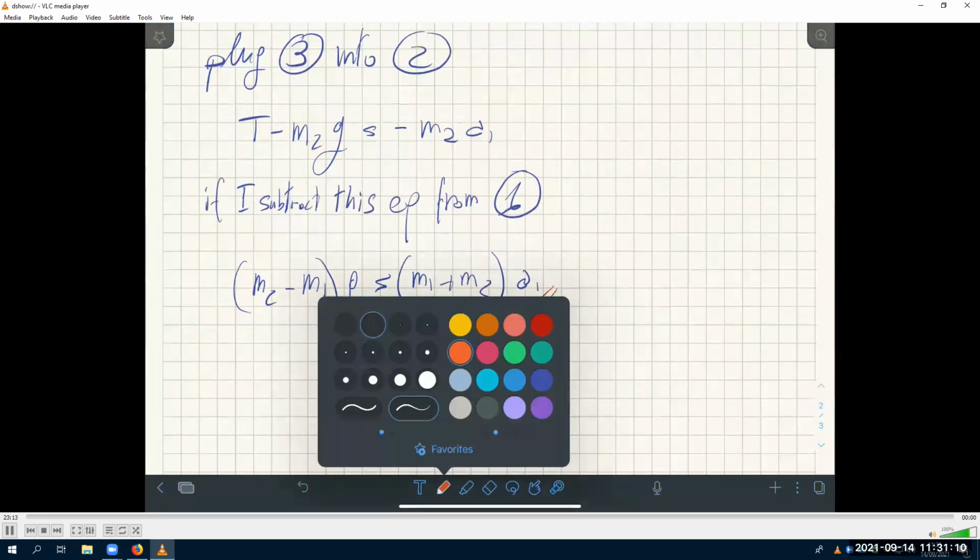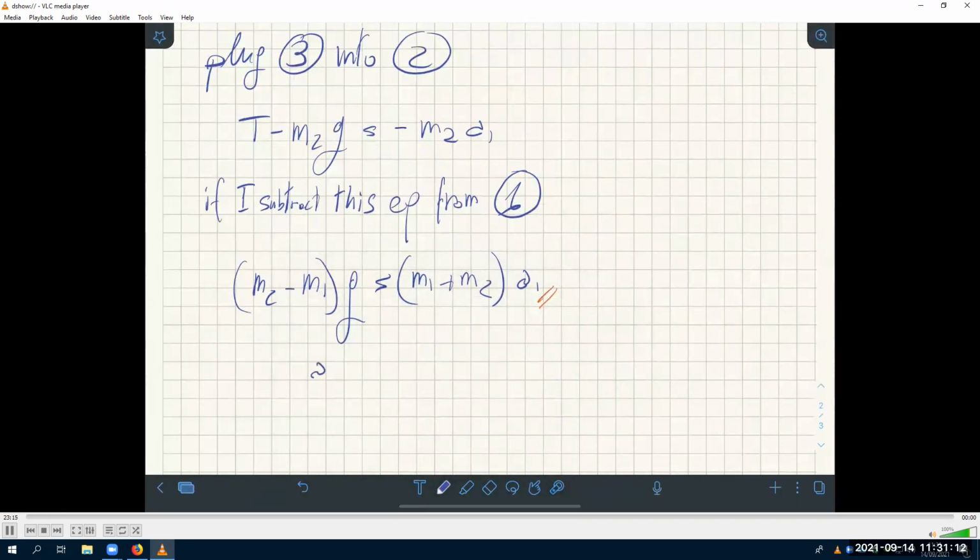And now I can find a1. Therefore a1 equals, look how beautiful this is, m2 minus m1 over m1 plus m2 times g. So this is an acceleration. This is kilograms over kilograms, so they go away. Acceleration equals acceleration.